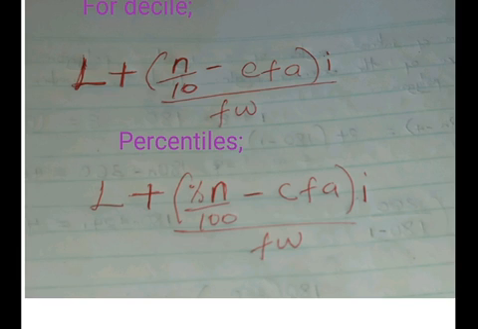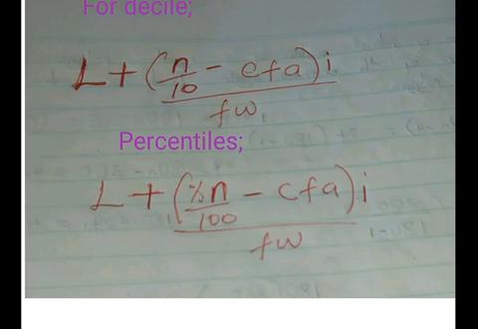For decile, we say that a decile divides the set of data into 10 equal parts. So we'll use the formula: lower class limit plus n over 10, since we are dividing into 10 equal parts, minus cumulative frequency above over frequency within, multiplied by the class interval.